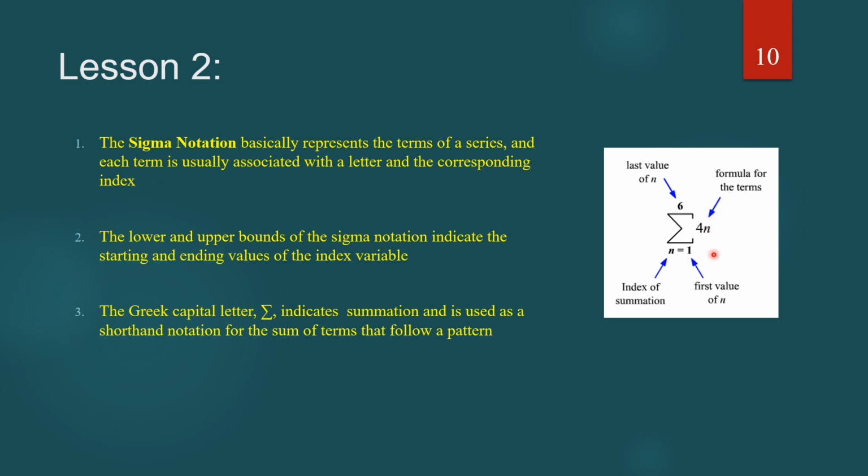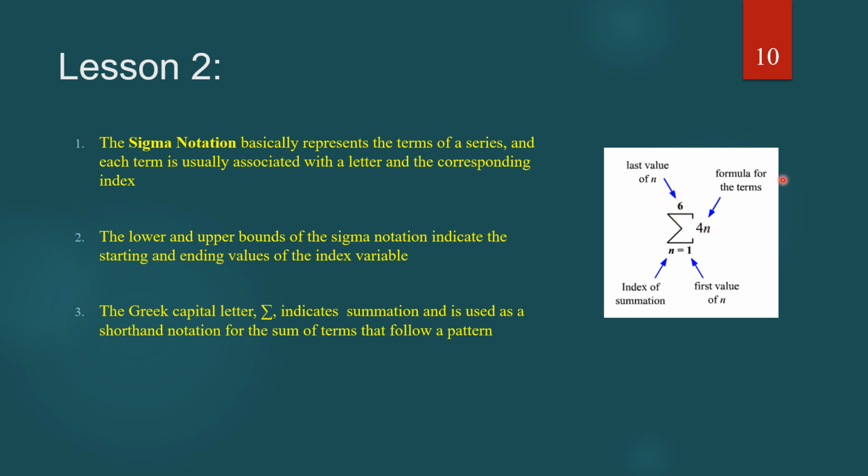In this case, the index variable would be n, as shown on the picture, the index of the summation. The lower bound is n equals 1, meaning this is the starting point of our sequence, and the last value of n would be our upper bound.